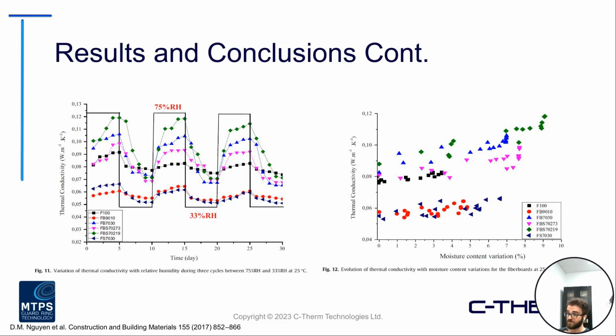But from a moisture perspective, or a saturation level, you can see that they did some very interesting work here. On the graph on the left, they subjected these materials inside that system for over a month, so 30 days, varying the moisture level, shifting between 75% relative humidity down to about 33%, noted on those graphs there.